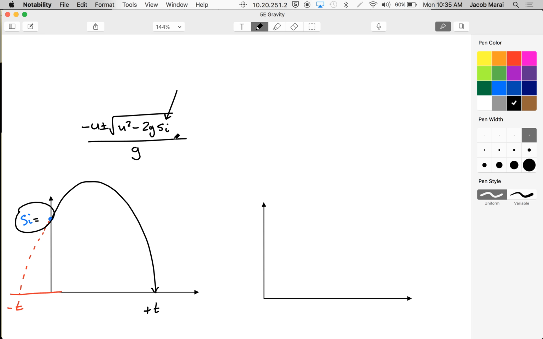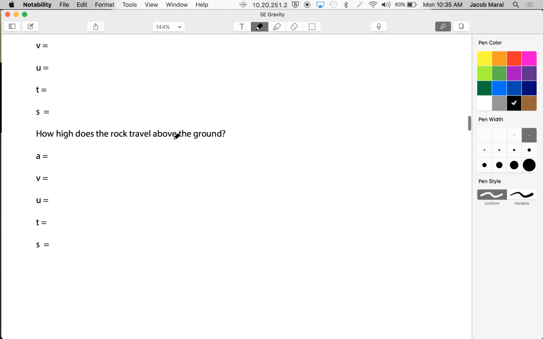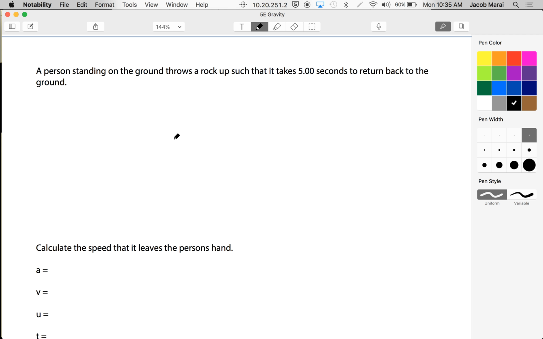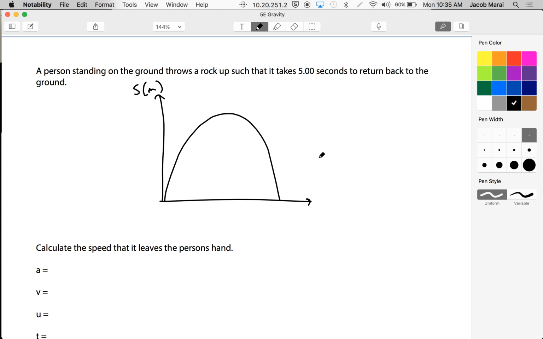I'd like you to have a go. Go back and work the first questions. I've left a bit of a space here because I'd like you to just very quickly sketch a position time graph.